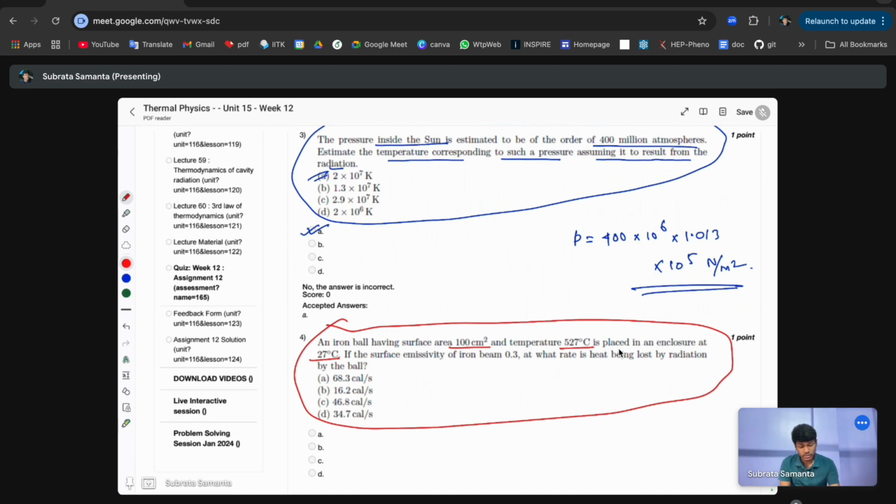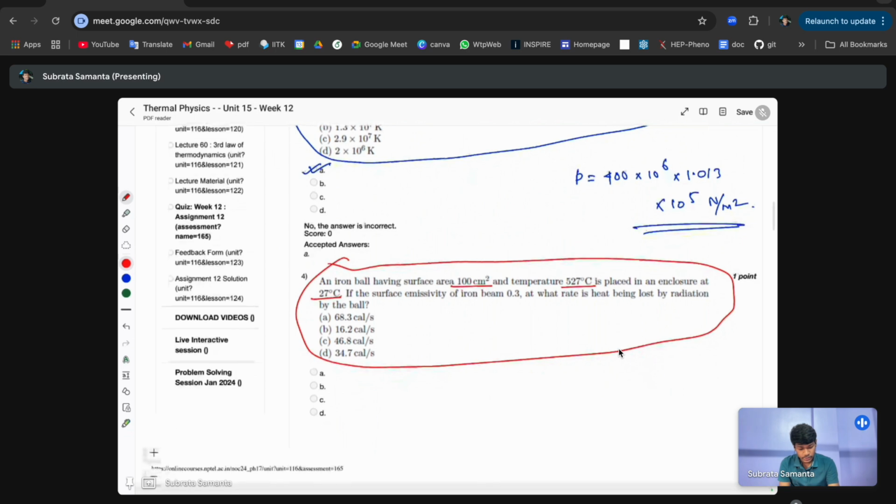So T1 is basically the core iron ball temperature.